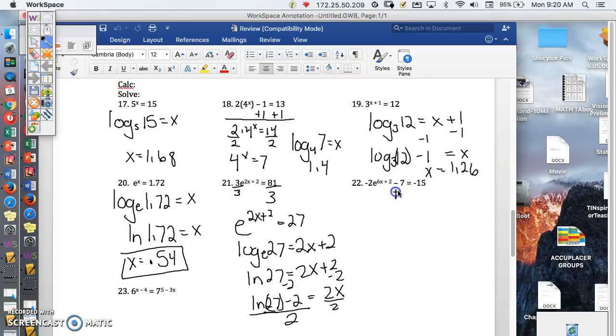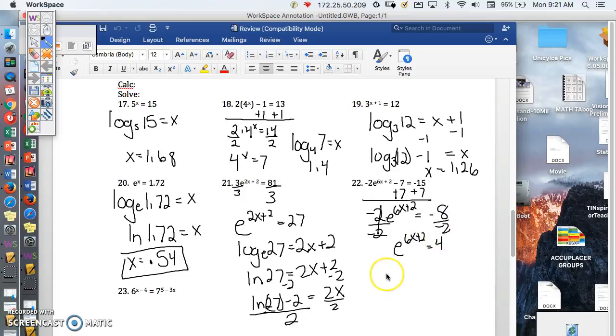So let's see this next one. We add 7. So that would be negative 8. Divide by negative 2. e to the 6x plus 2 equals 4. And now we'll change it to a log.